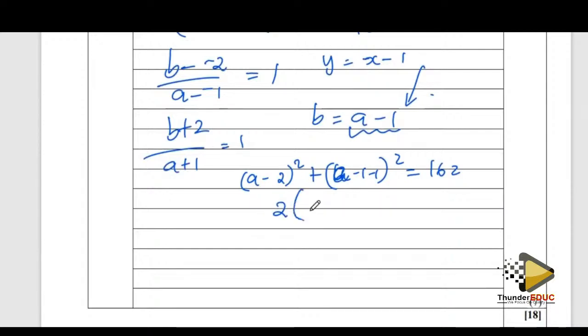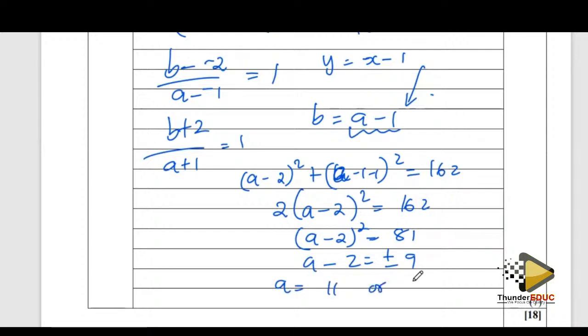We have 2 into (a minus 2) squared is equal to 162. Divide both sides. That's going to give us 81. Square root of 81 is plus minus 9. That's going to give us a minus 2. And then we can move the 2 to that side. So either a is 11 or a is going to be -7.